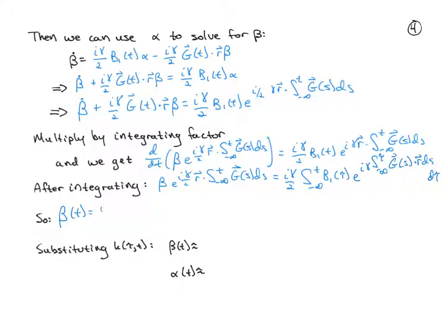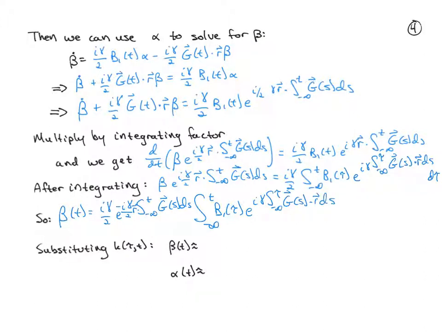Beta of t is equal to i gamma over 2 times e to the minus i over 2 r vec dot integral from minus infinity to t of g vec of s ds, sorry, there should be an r dot in here, that's alpha conjugate, times the integral from minus infinity to t of b1 of tau times e to the i gamma integral from minus infinity to tau of g vec of s dot r vec ds, and then coming back down, d tau.